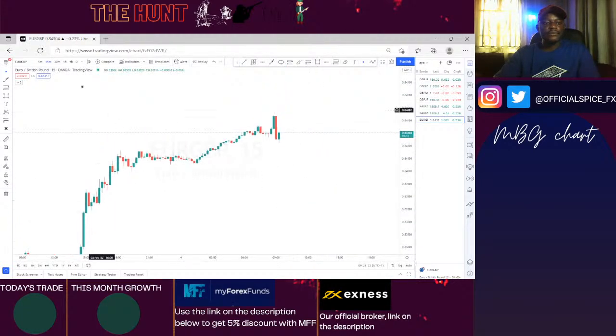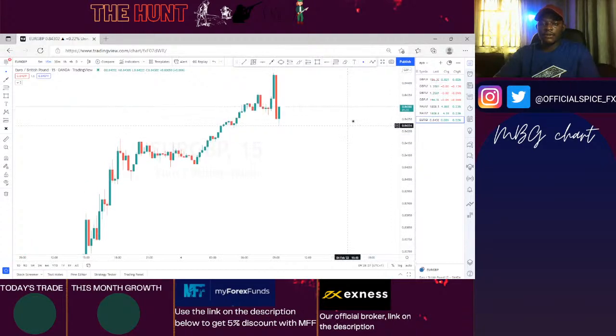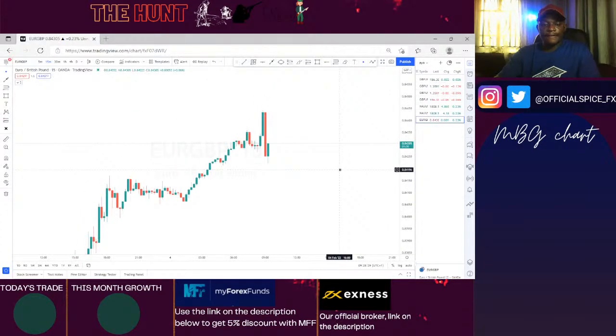Wow, that was a strong candle right there. That was a strong supply right there. Supply, and supply right here. Let's see. Top down.